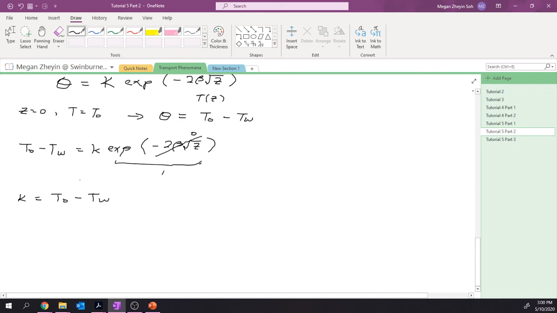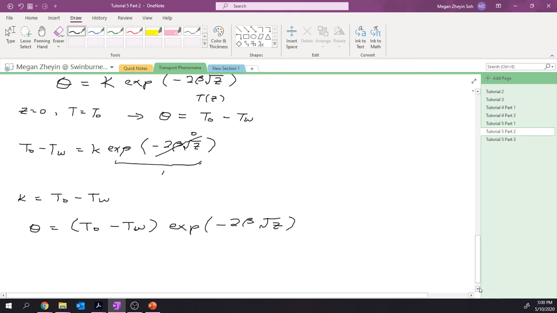So we substitute back into this equation where theta equals To minus Tw. This one was our k previously, multiplied by the exponent of negative 2 beta square root of z. For this theta here, it is T(z) minus Tw.